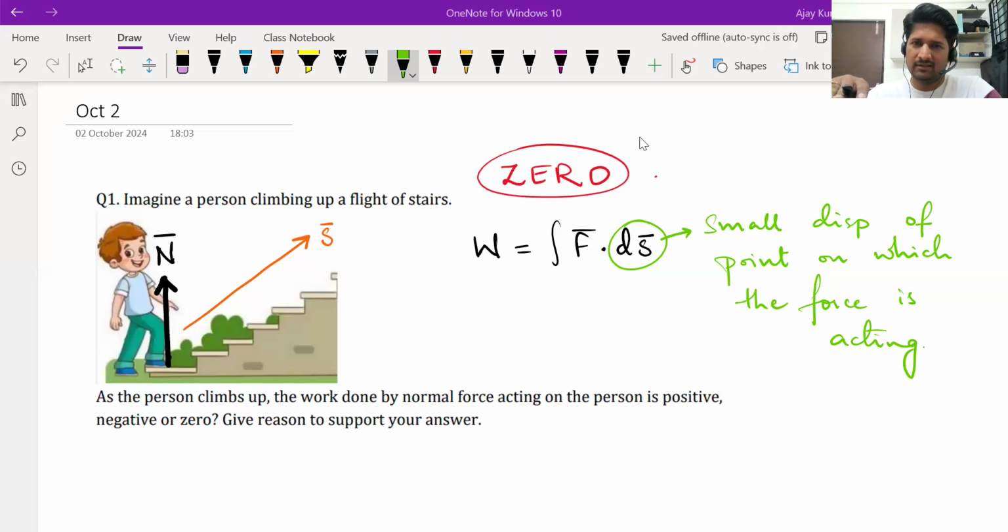As long as it is on that step, does it move? No, sir. The rest of the body will move. Okay. But the foot which is on the step will not move. When you put the other foot on the next step, then you will remove this foot from this step. Right?